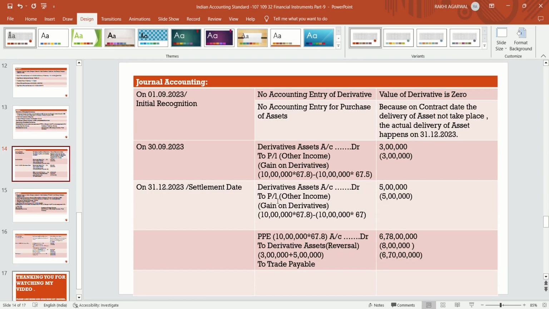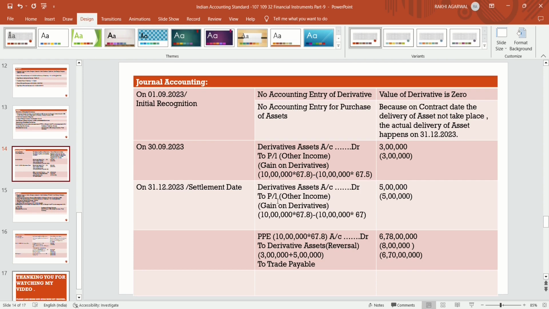So there is a gain of 8 lakhs in this case, but because he has already recognized 3 lakhs as derivative asset, he will recognize only the balancing amount, that is 5 lakhs. So derivative asset account debit 5 lakhs to P&L income 5 lakhs.